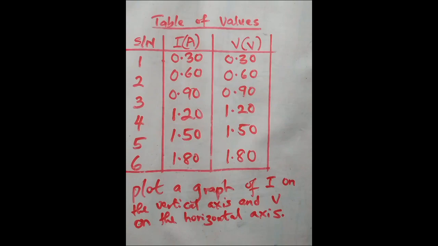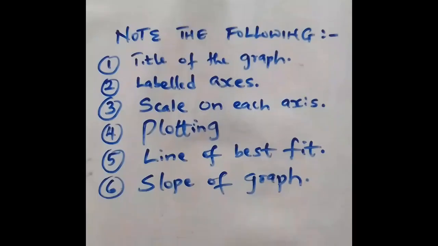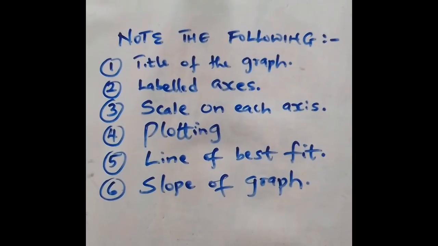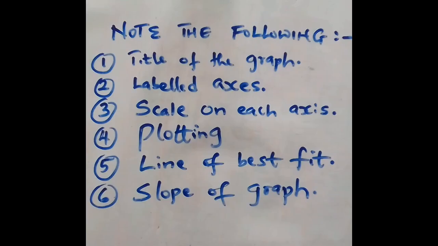And in this graph, we are asked to plot a graph of current, that is I, on the vertical axis and V on the horizontal axis. And when plotting the graph, there are things you must include in your graph.